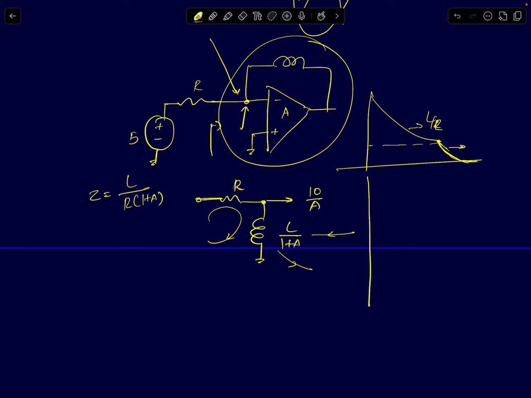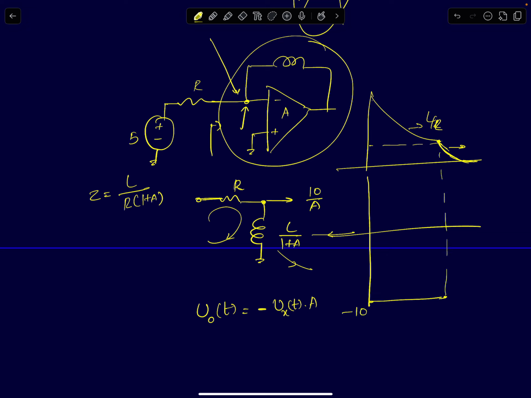So your output voltage V naught of t, when you enter the high gain region, will simply be equal to minus of Vx of t times A. Before this reaches 10 by A, your output voltage was staying at minus 10.